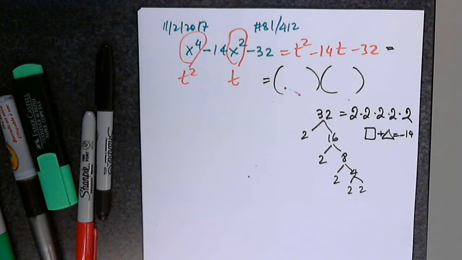Let's try and group them. I need two numbers that will include everything. And one will be negative and one will be positive.